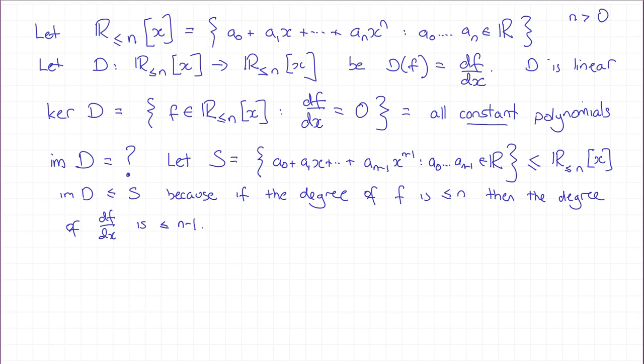I claim that actually the image of D is equal to S. I know that the image of D is contained in S, so what I have to do is to prove that any element of S is in the image of D. So to do our proof, let's write down an arbitrary element of S and prove that it is in the image of our differentiation map.